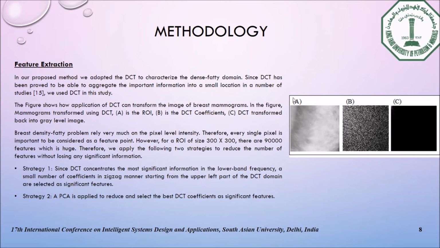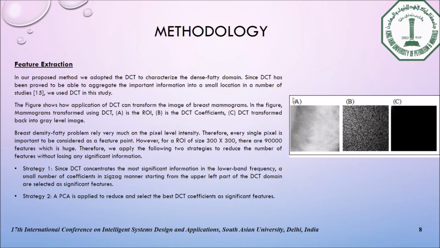In the figure, A shows the raw image of the region of interest, and after applying DCT, the coefficients look like picture B, where we can see the important features popping up: black color is showing the less important features and white color is representing important features.